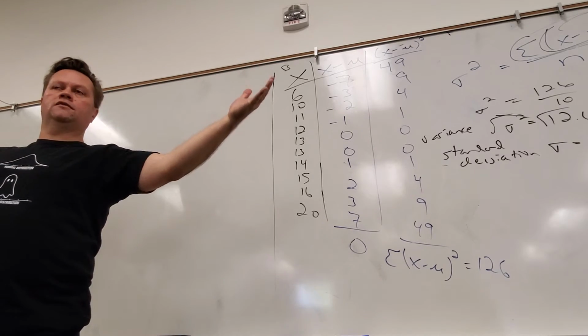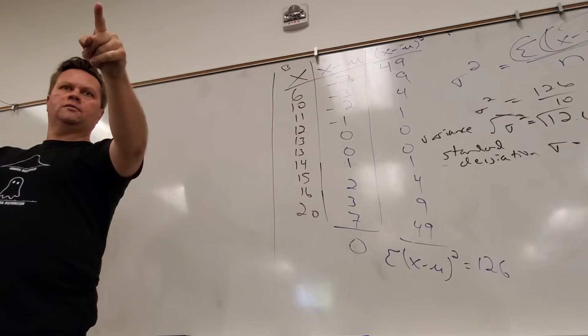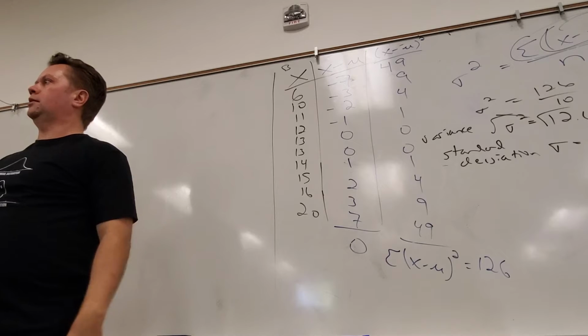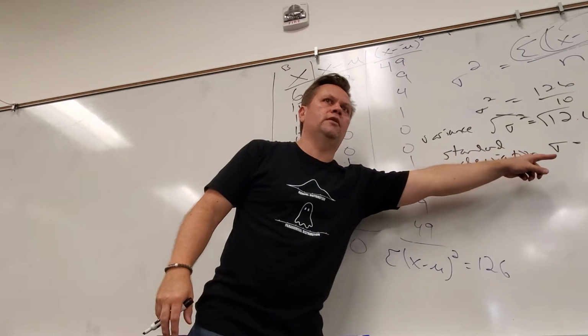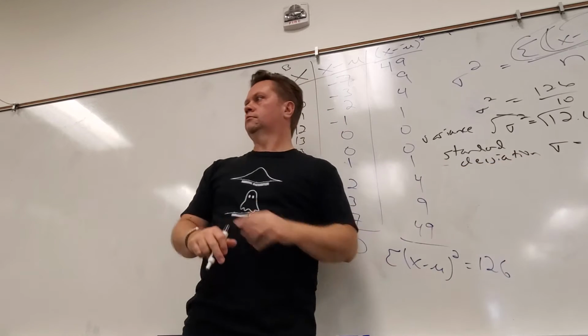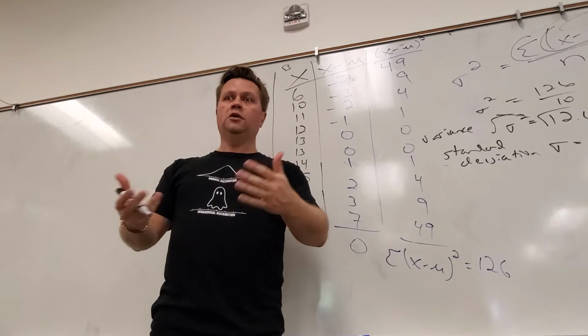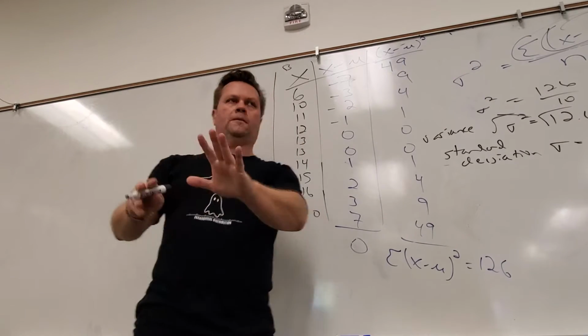The average distance from the mean, or the spread, right? So is the information in group D more or less spread out than B? More spread out. So would its standard deviation be bigger or smaller than this? Bigger. Does it make sense? Yeah. And it will be. Okay, I like it.